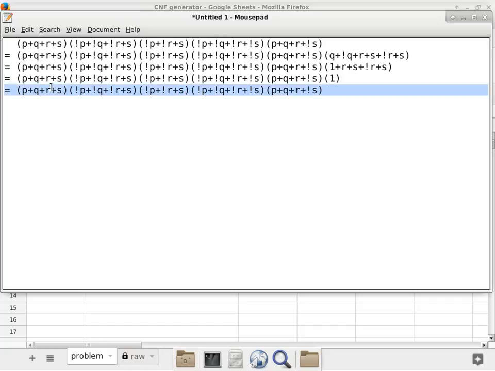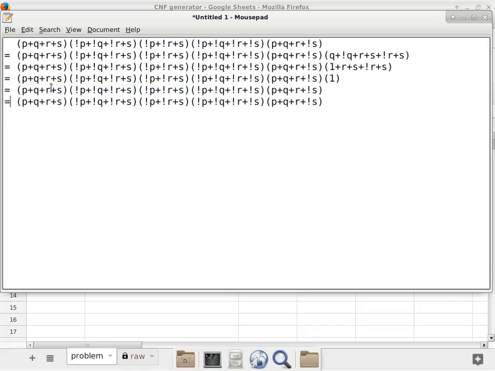So copy, paste, and then what we do is we resolve these two clauses and see what's going to happen. We'll concatenate everything other than the resolving variable. Even though it seems like it's just a waste of time, we're going to do it.